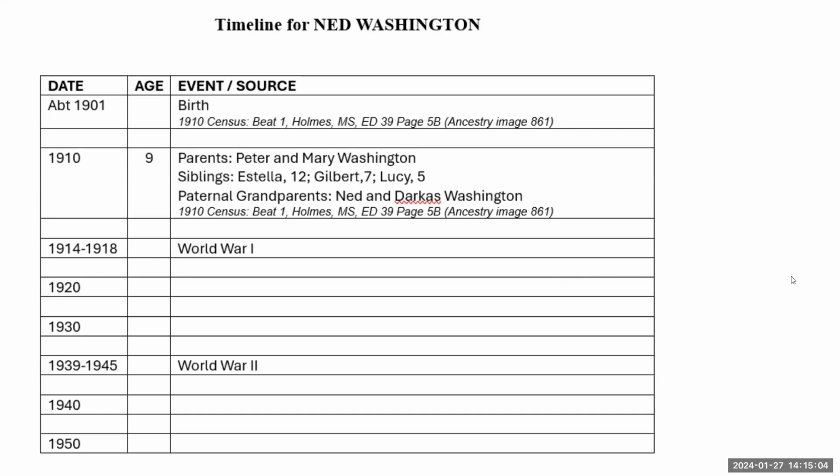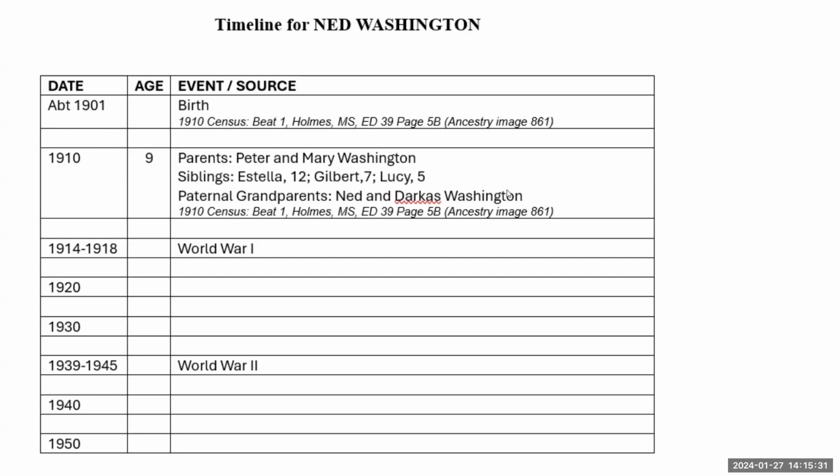So this is a timeline that's just a shell, starting with what I think I know. His birth date is about 1901, according to the 1910 census, because he was 9 years old. If you subtract the 9 years from the date, then his birth year is about 1901.